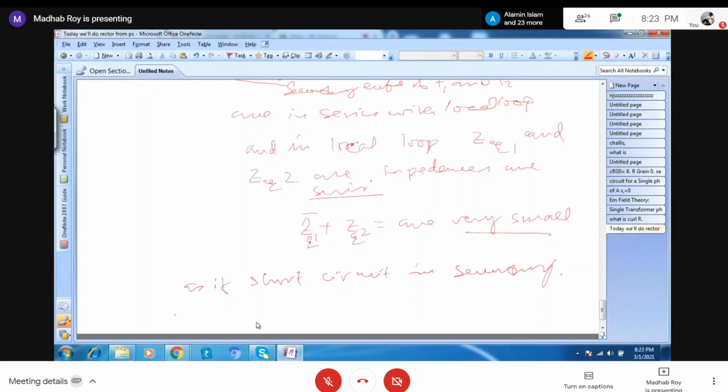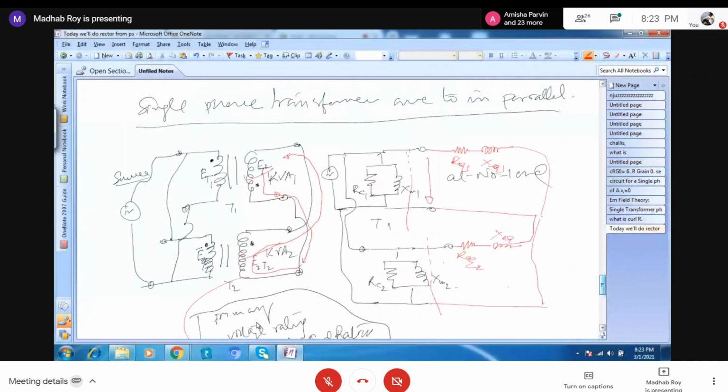Okay. So that is the problem. So the main problem is that, before paralleling, another condition is that you have to assign the polarity of the induced EMF with respect to one transformer, T1, T2. So always you have to do parallel with the similar polarity.